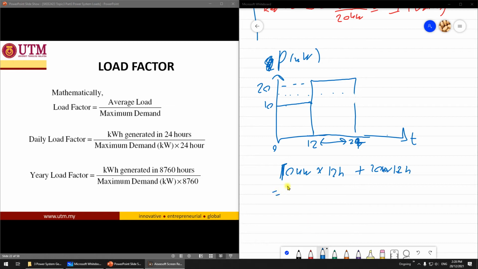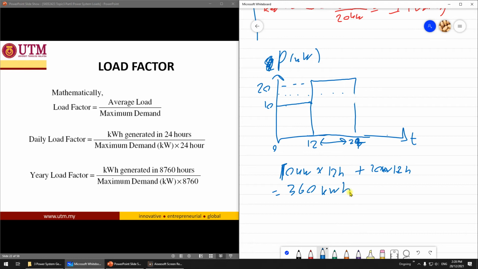The answer is 360 kilowatt hour. So this one is the energy generated, and the maximum demand is 20 kilowatt.